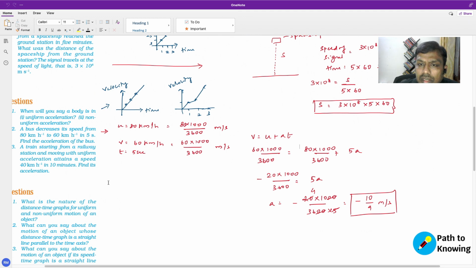Let's go to the next one. A train starting from a railway station and moving with uniform acceleration attains a speed of 40 kilometers per hour in 10 meters. Find its acceleration. Starting. Okay. So we say that the train is actually starting from a railway station, which means that it's very similar to how we just solved.